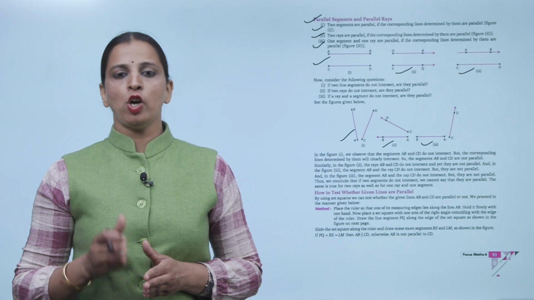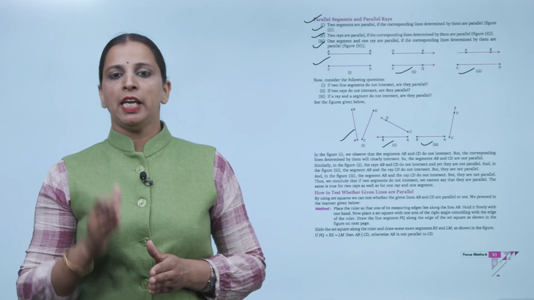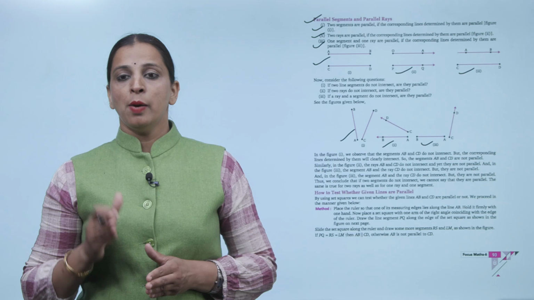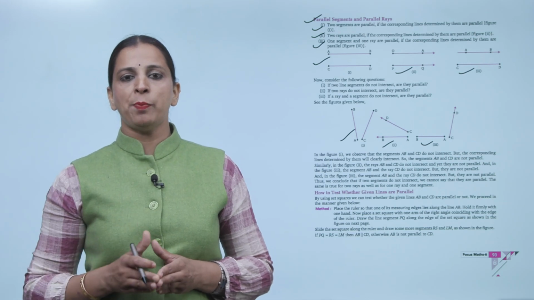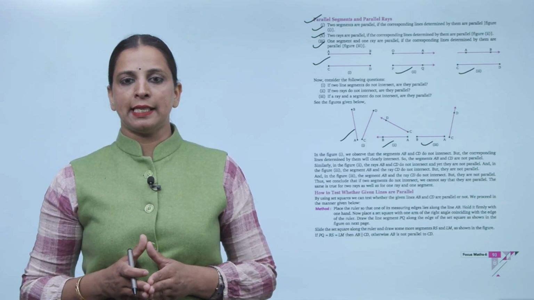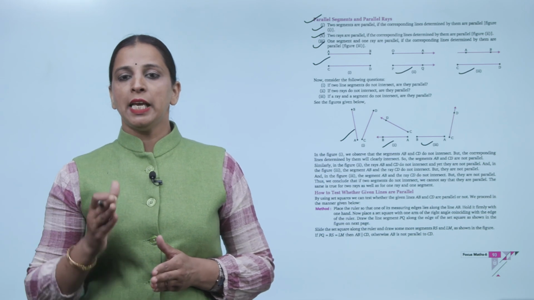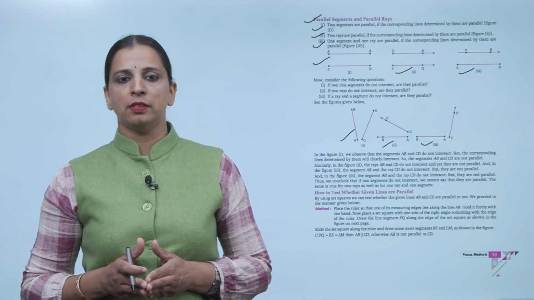In figure 1, we observe that the line segments AB and CD do not intersect, but the corresponding lines determined by them will clearly intersect. So, the segments AB and CD are not parallel.